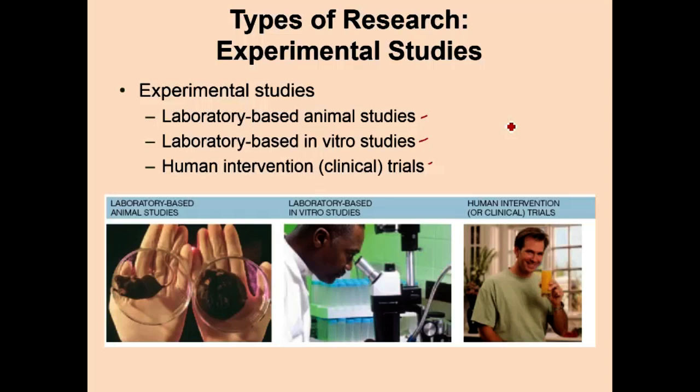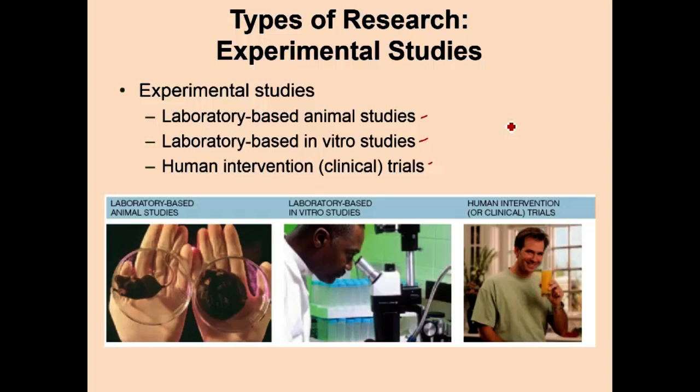Why? Because in the in vitro study, I'm using a very specific tissue or very specific cells. But when we're talking about the human as an entire entity, we have all these different organ systems, tissues, enzymes, and hormones that can affect the entire organism.